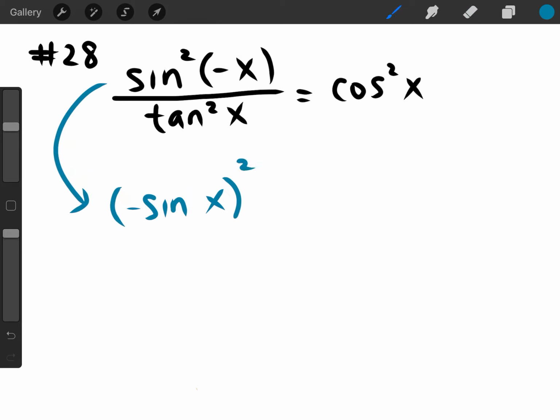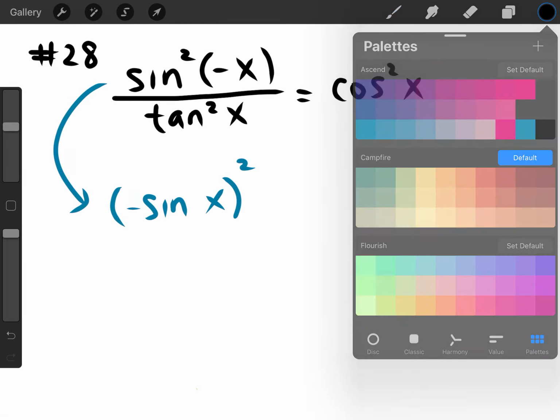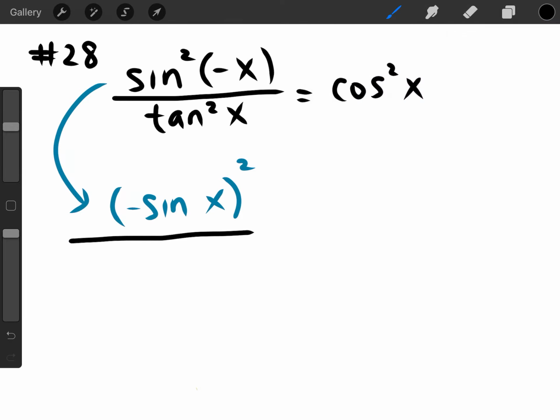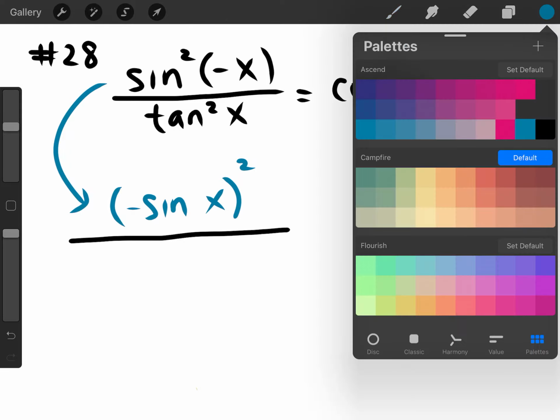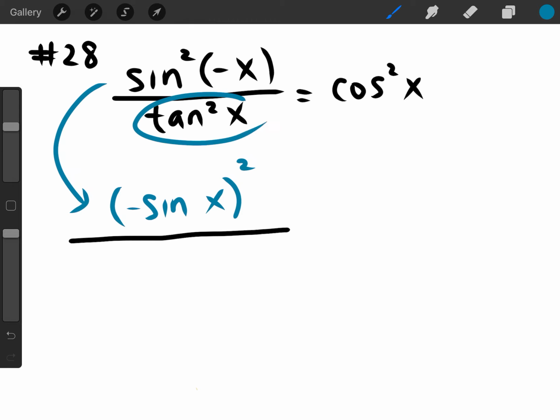Okay, but we know that you can rewrite this as, put a parentheses and put a square on top, over tangent. Every time I see tangent, I have an instinct of just putting it as sine and cosine.